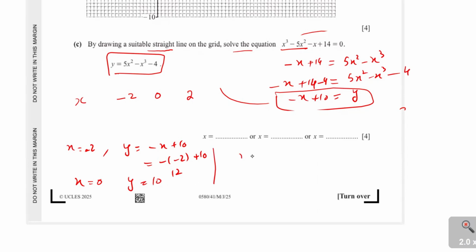And when x equal to 2, y equal to minus 2 plus 10, that's equal to 8. Therefore, we write the value of y for x equal to minus 2, y equal to 12, x equal to 0, y equal to 10, x equal to 2, y equal to 8.